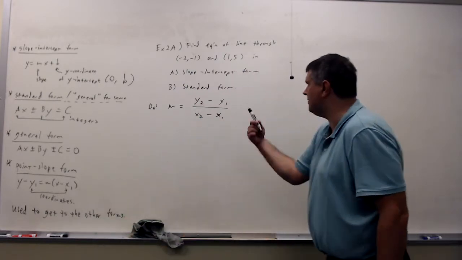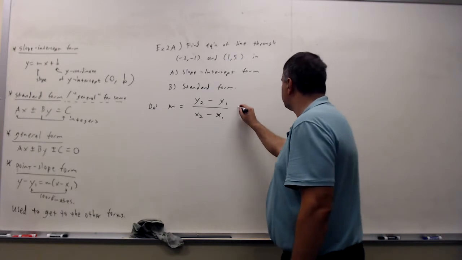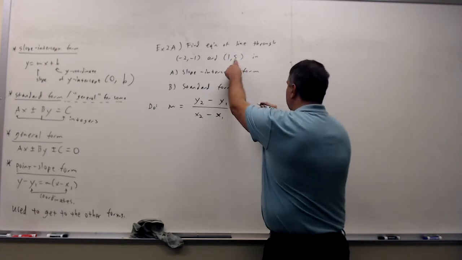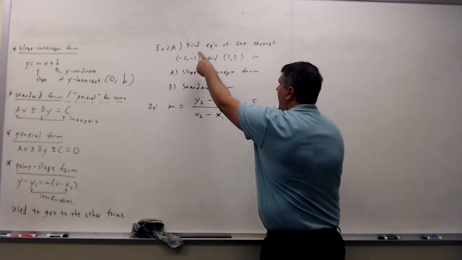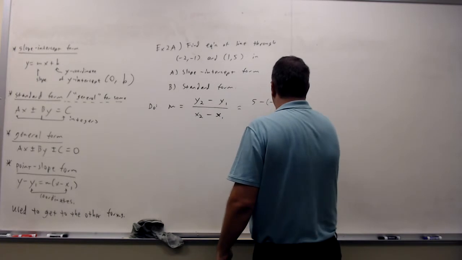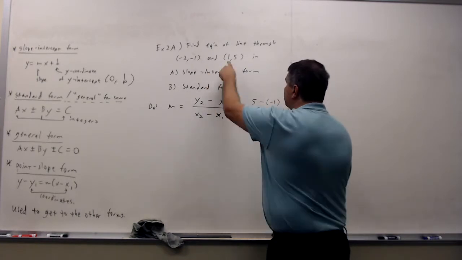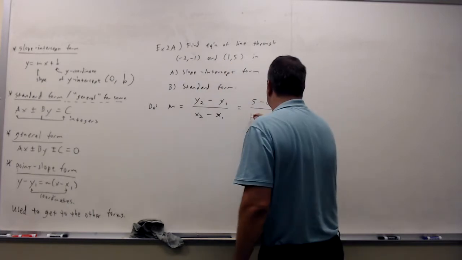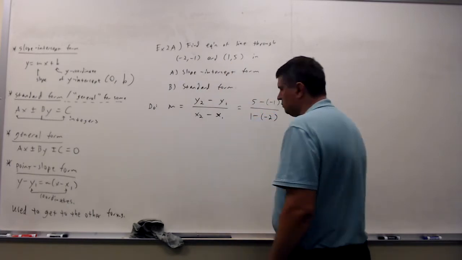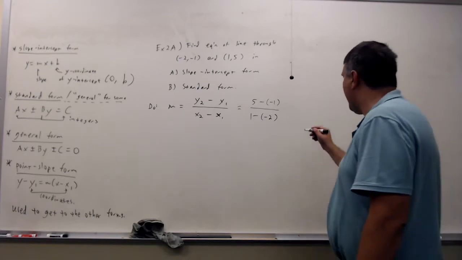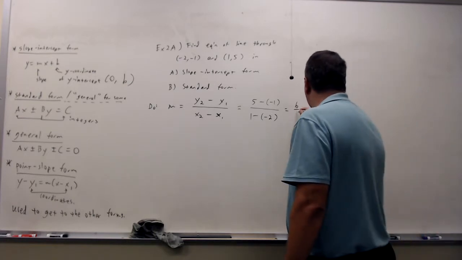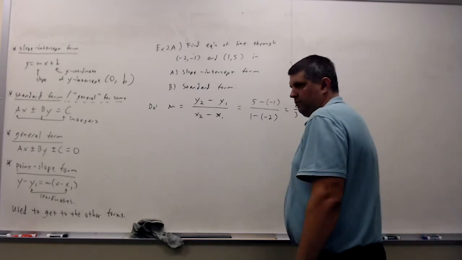That's the formula. So it's going to be the second y minus the first y over the second x minus the first x. Like so. And that gives me 6 over 3, which is 2.